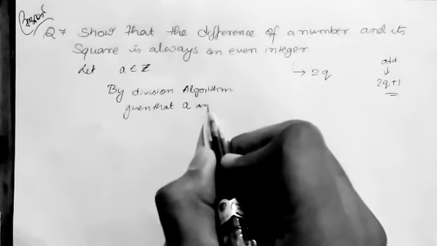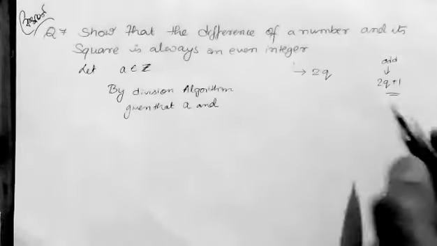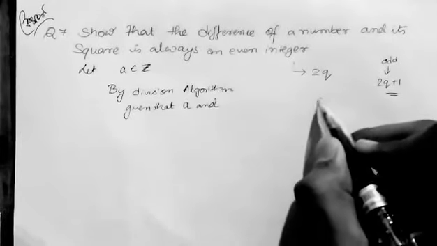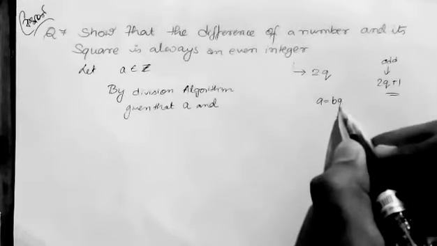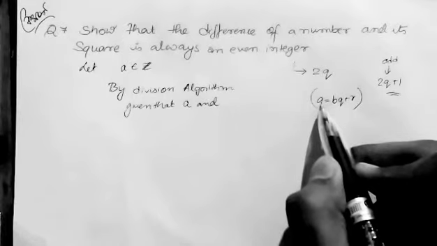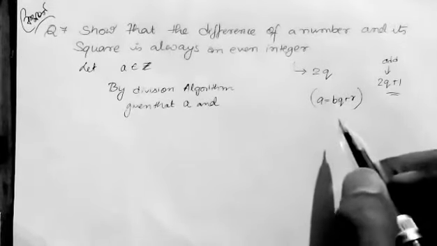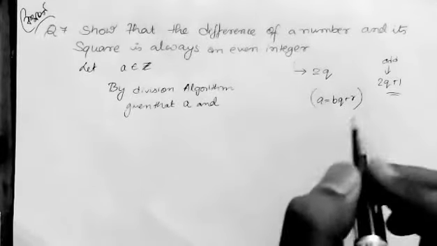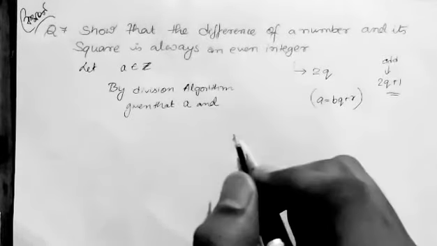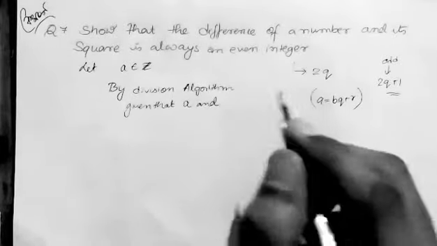Now we need to consider what the statement of the division algorithm is. It was a equal to bq plus r. So you need to consider a to be divided by b. You need to take some value of b so that you can prove this statement. We are dealing with even numbers, so we'll consider an even value.